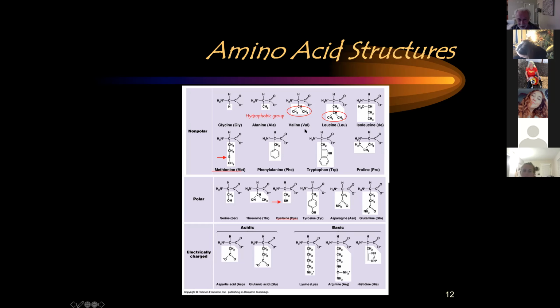Another phenomenon is that certain amino acids have hydrophobic groups, like these methyl groups that I have circled here. These are hydrophobic, and these hydrophobic groups can be attracted to each other. And I'll explain to you later why that happens. But these are the features of amino acids that allow proteins to fold. And they have to fold in order to be active.